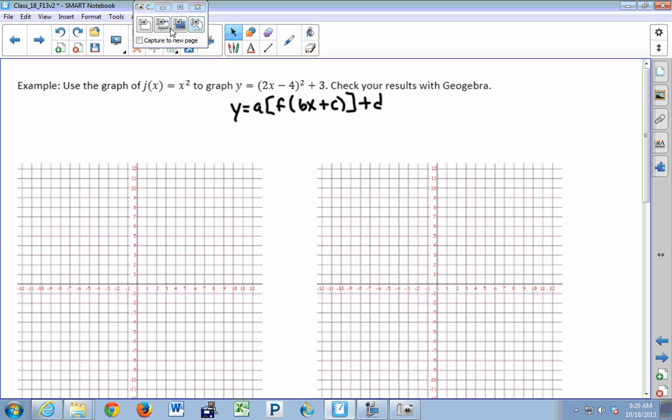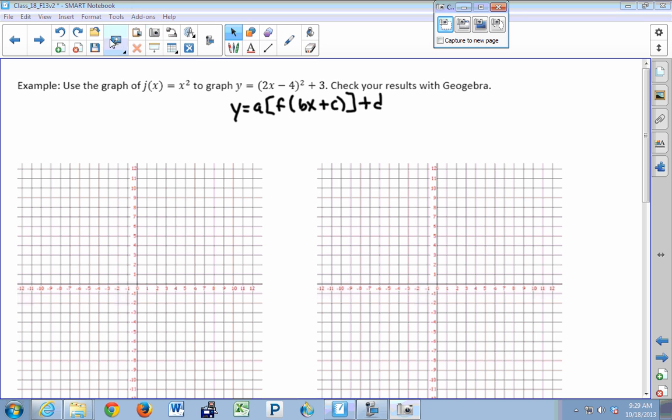Actually, I should use J because our original function here is called J. So let me just change that F to a J. Okay, so let's identify what A is. What's on the outside multiplying this whole thing? What would be the value of A? 1, right? So A is 1. We're not doing any kind of vertical stretches or shrinks, so that's out of the picture. No vertical stretches or shrinks.